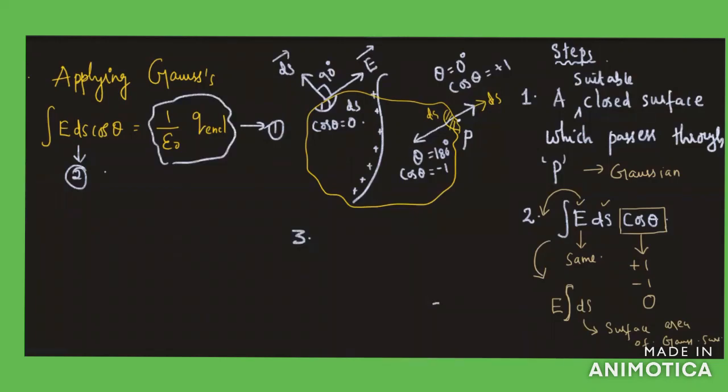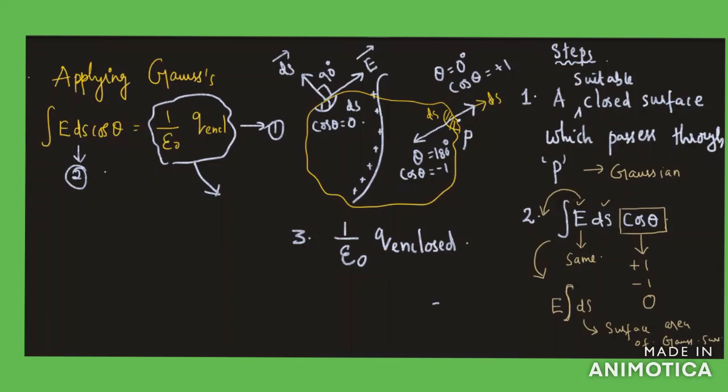Now the third step is to find out the right hand side of this equation, 1 by epsilon 0 q enclosed. If we know the charge enclosed by the Gaussian surface, we can find out this right hand side, 1 by epsilon 0 q enclosed.